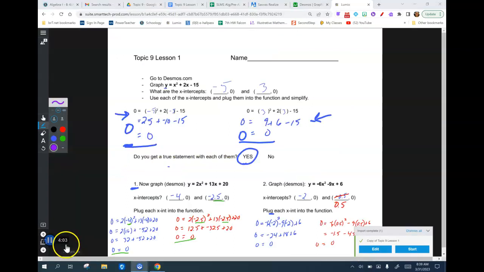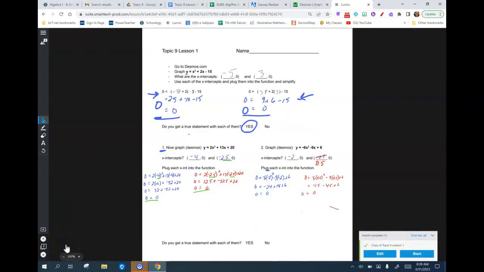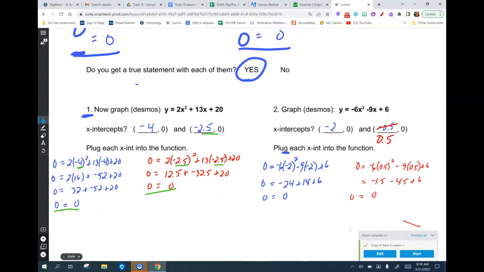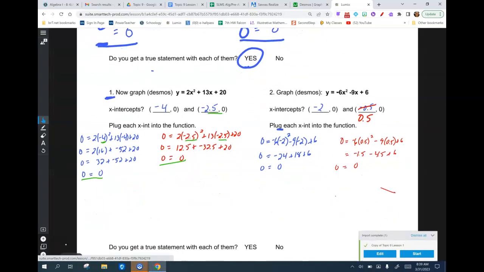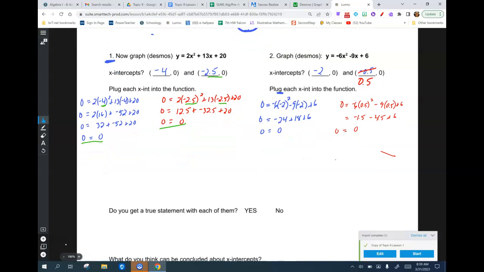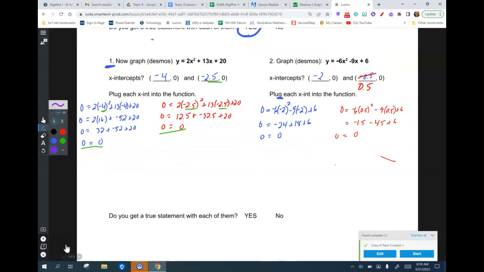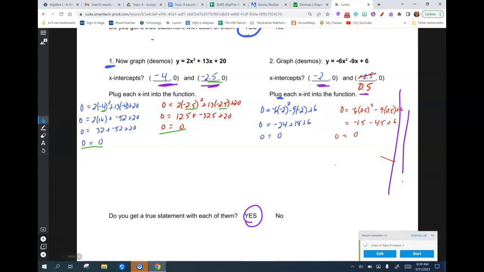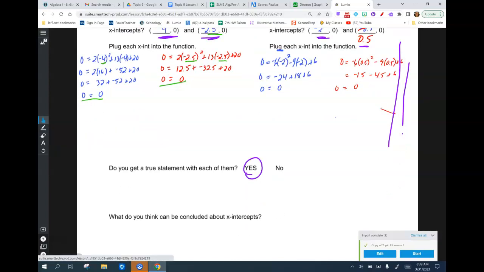Okay, go back. So hopefully you noticed with both of them that you got 0 equals 0 also. So did you get a true statement? Yes, you did. So what that means is that negative 4 and negative 2.5 are the solutions. And negative 2 and positive 0.5 are the solutions. And hopefully that's what you notice, because if you have a true statement, what do you think can be concluded about x-intercepts?